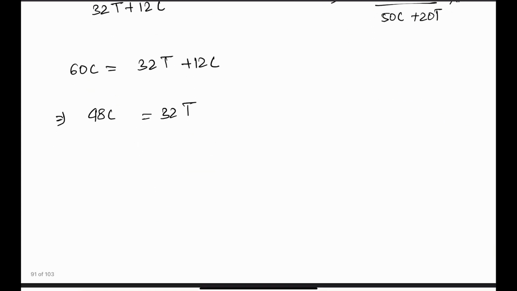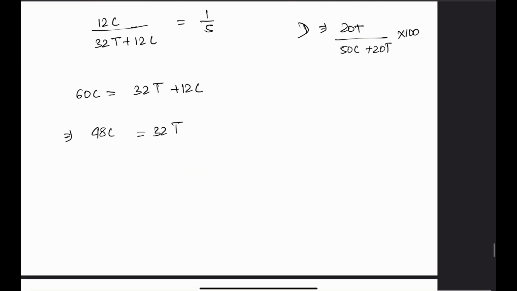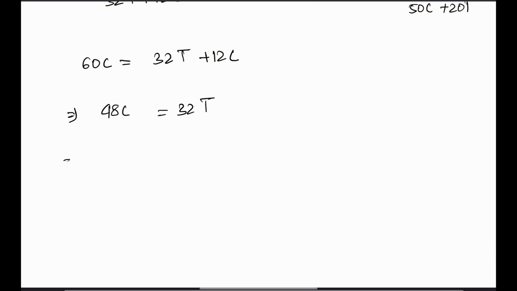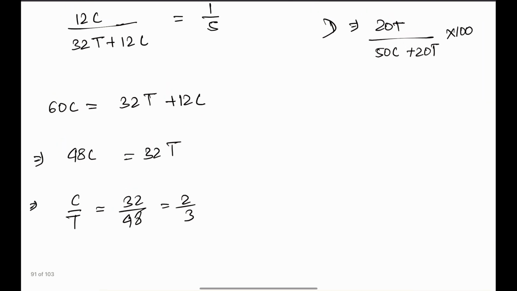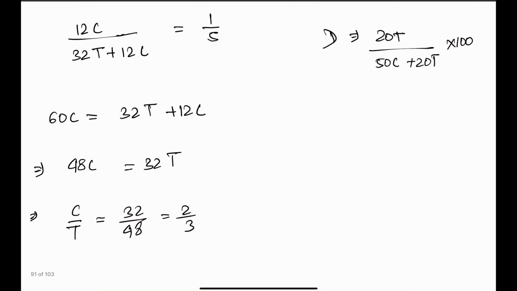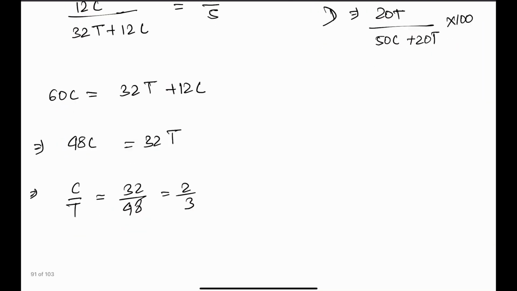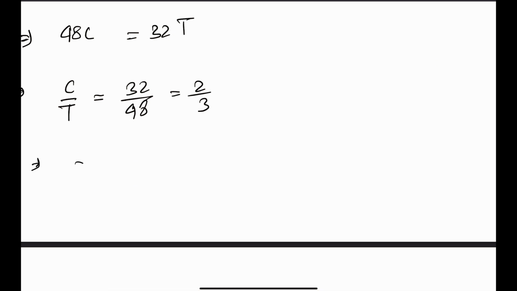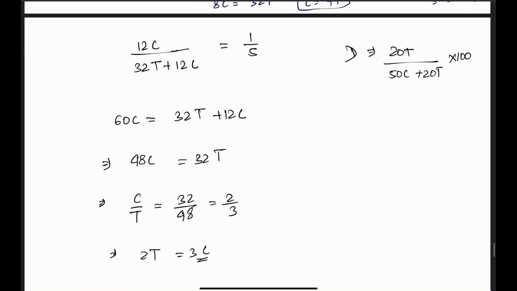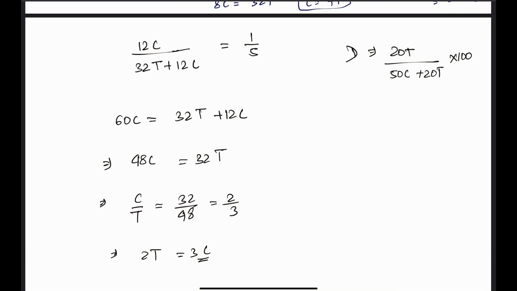So C upon T will be equal to 32 upon 48, 16 2 ja, 16 3 ja. So what I can write here is 2t equal to 3c. So 20t will be equal to 30c.